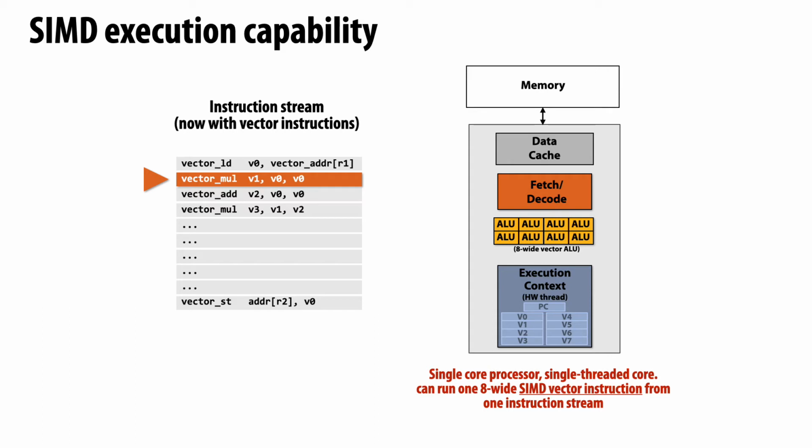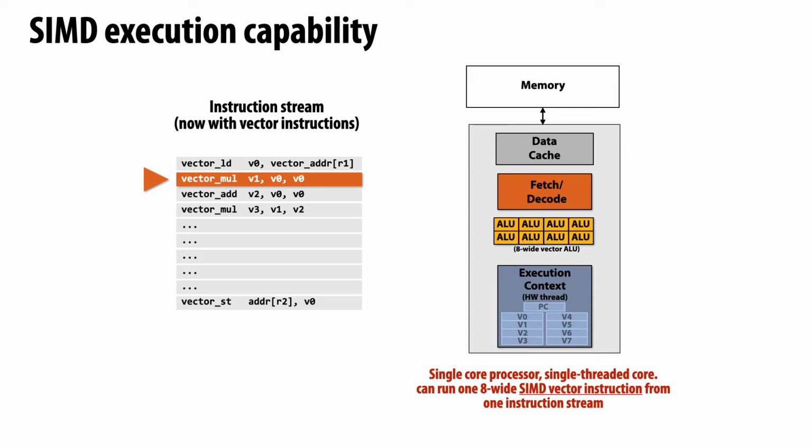And so now this processor can perform the same instruction on 8 pieces of data at once. And if you look at the program on the left, I've changed all the instructions from being scalar instructions on scalar registers to vector instructions that work on vectors of size 8. Notice there's a vector mul and a vector add. So this is a different compiled program now.